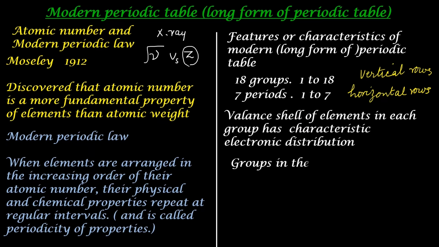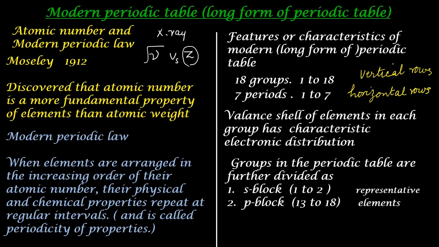On the basis of the valence orbital to which the last valence electron enters, the groups are further classified into s block, p block, d block and f block. The first group and second group belong to s block and 13th to 18th group belong to p block. s block and p block form the representative elements.